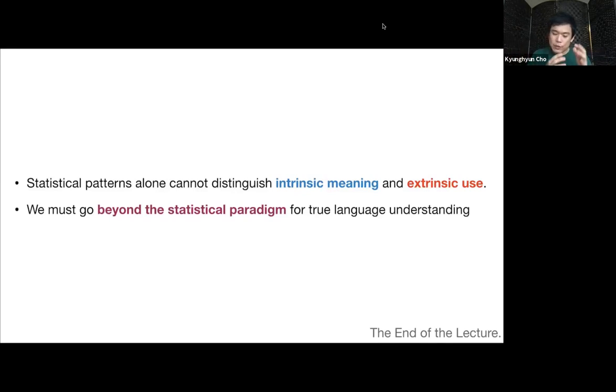By doing so, we'll be able to build a machine that does not amplify the existing undesirable societal biases, but can in fact help us correct various undesirable societal biases that we have even without realizing ourselves. And of course, ultimately, we'll be able to build a truly language understanding machine that is able to share their experiences among themselves as well as with ourselves, the humans, in order to greatly expand the horizon of knowledge and intelligence beyond what is available for now.